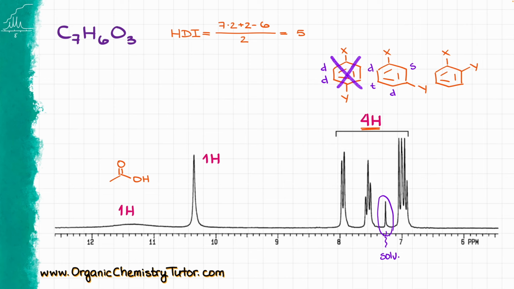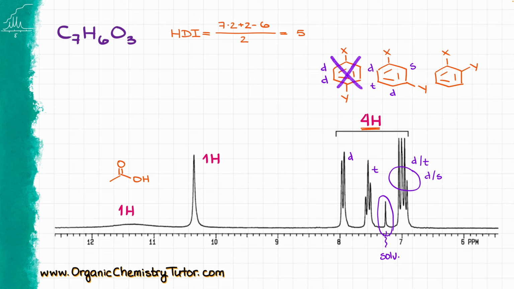So what I'm seeing here in my signals, I see a doublet, I see a triplet, and then I see something over here which can be either an overlap of a doublet and another triplet, or an overlap of another doublet and a singlet.